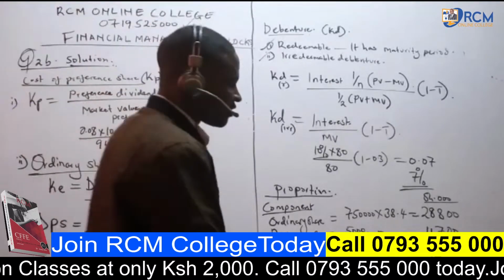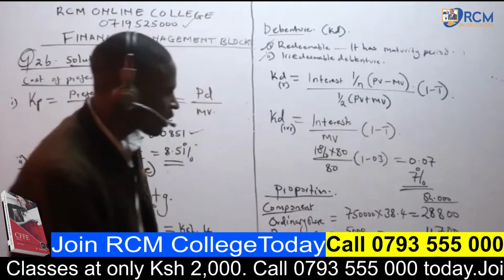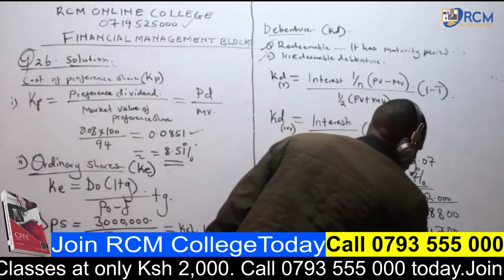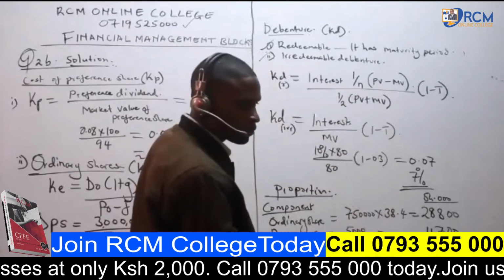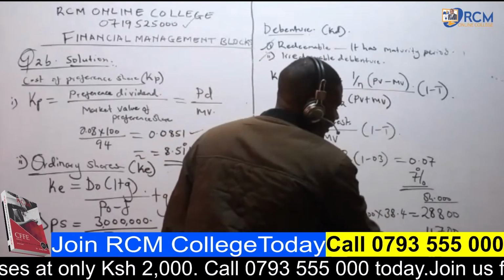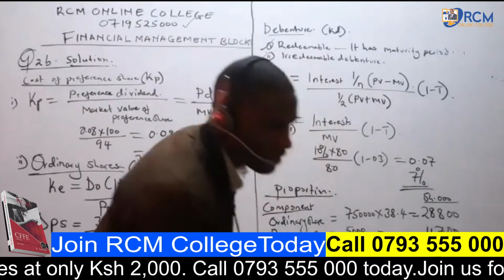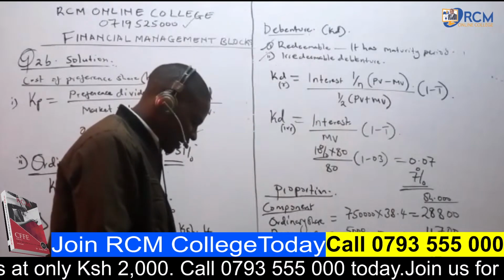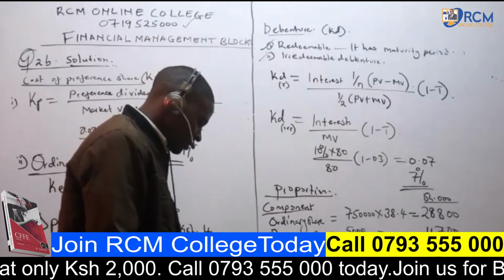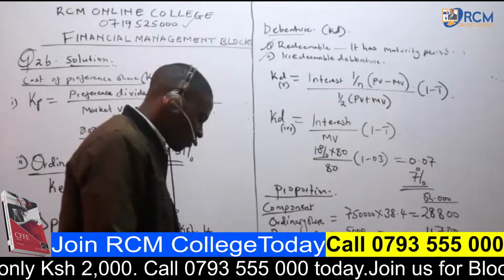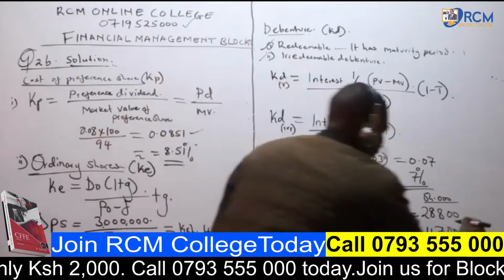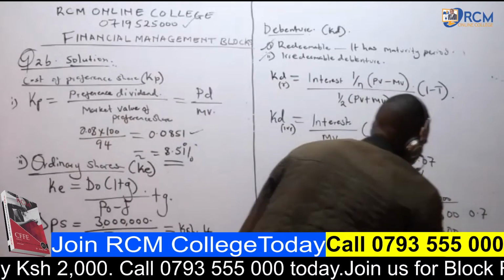Should I add this now? I can see people are going back to work, but already the question, imagine we have finished at 41,000. So to get the proportion, take 28,800 divided by 41,000. I can assist you to get this very fast. I'm getting 0.7. That is the proportion.